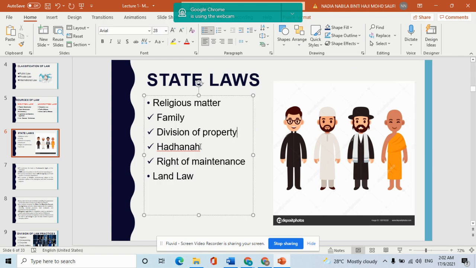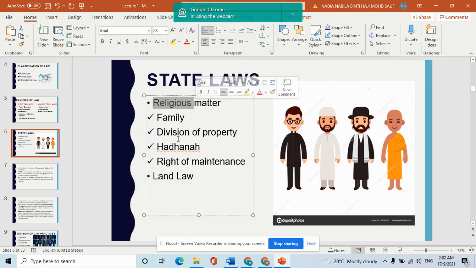Hadanah is like an insurance for the Muslims. Rights of maintenance, muta'ah, harta sepencarian, all of that, maintenance after divorce.